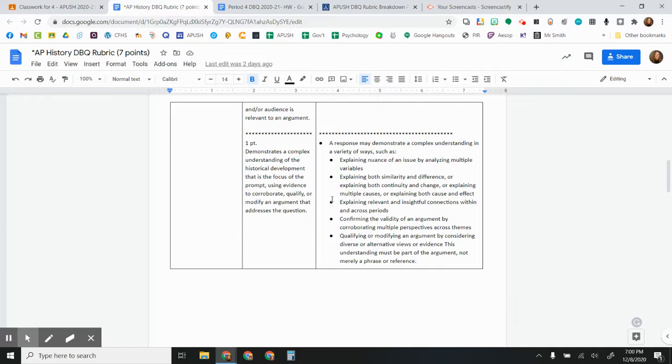Zinn is a really good resource for adding complexity to your writing, because he always presents the point of view of the loser. Most of your texts will do the winner, essentially. And this is a good way to demonstrate different perspectives, something that maybe isn't mainstream, but something else that could be considered when looking at your argument.